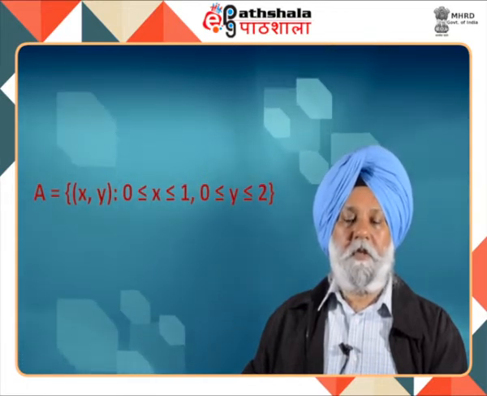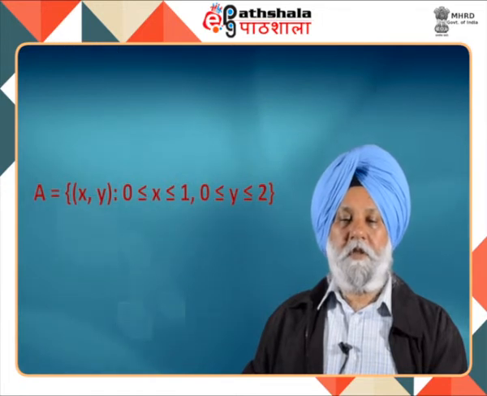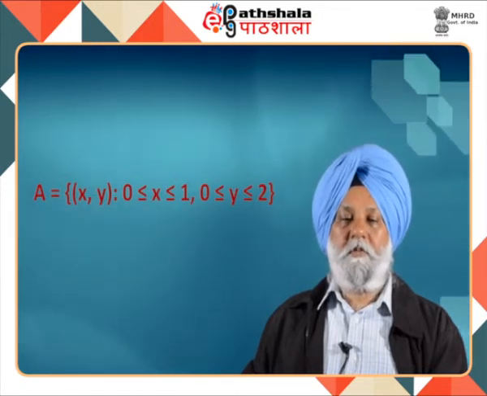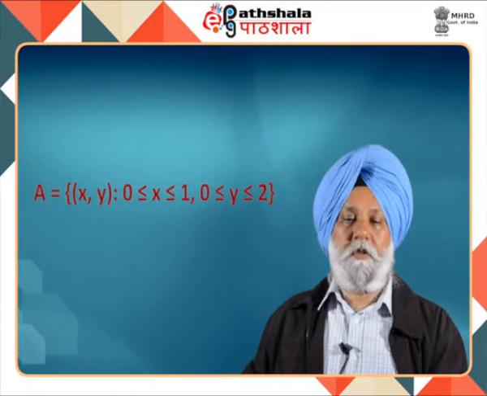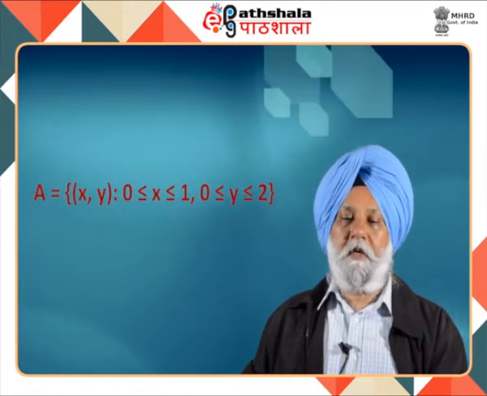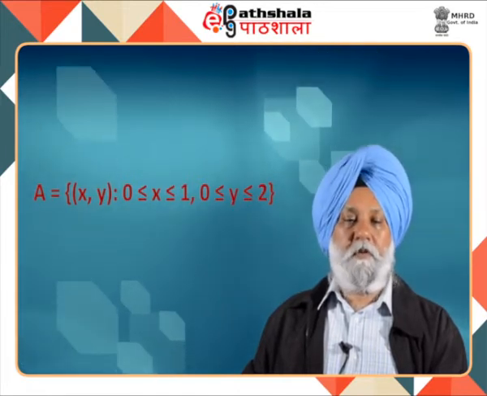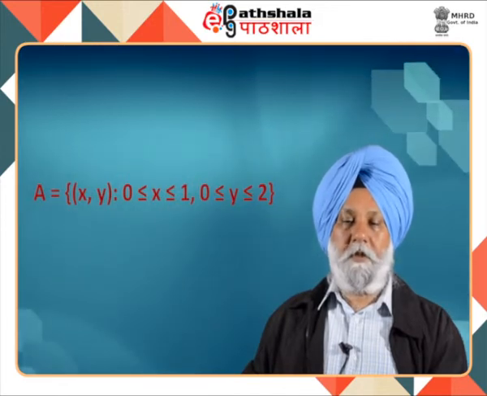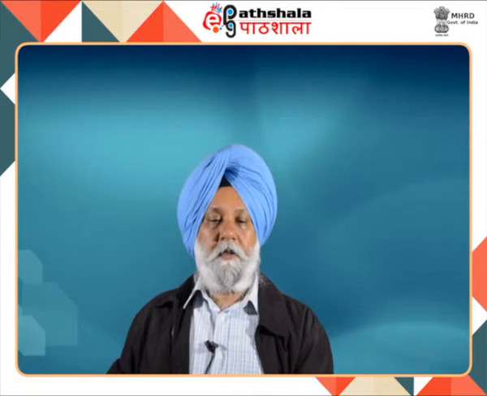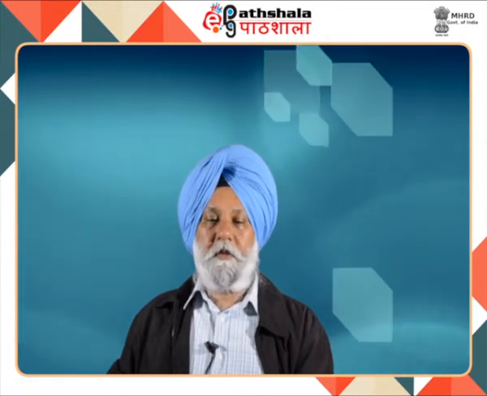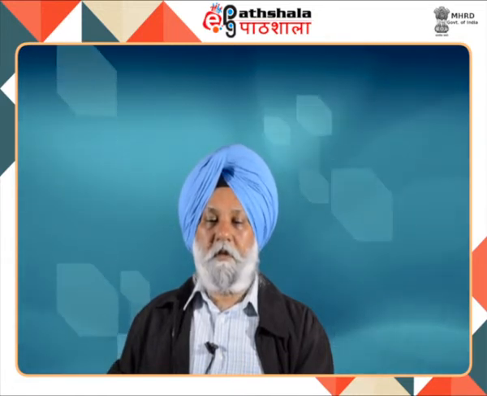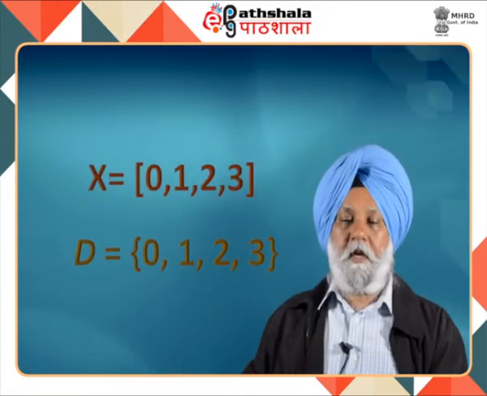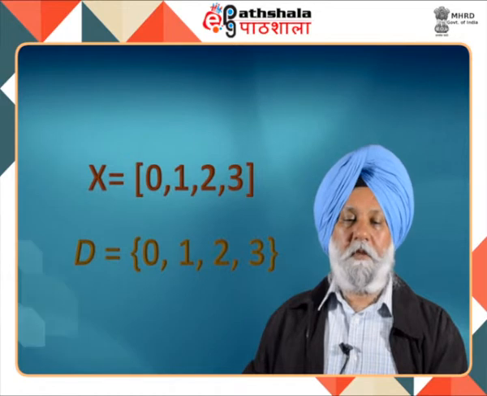In certain considerations, the totality of elements pertaining to that discussion can be identified and described. This set of all possible elements of a consideration is called the space. For example, suppose that the number of heads in 3 tosses is denoted by x, then x can take values 0, 1, 2 and 3.